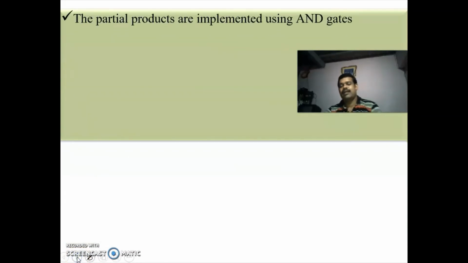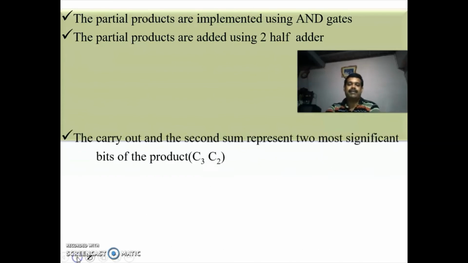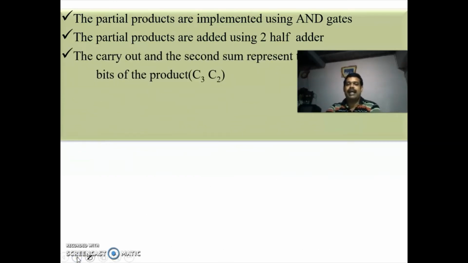The partial products are implemented by using AND gates, and the partial products are added by using two half adders. The carry out and the second sum represent the two most significant bits, C2 and C3.